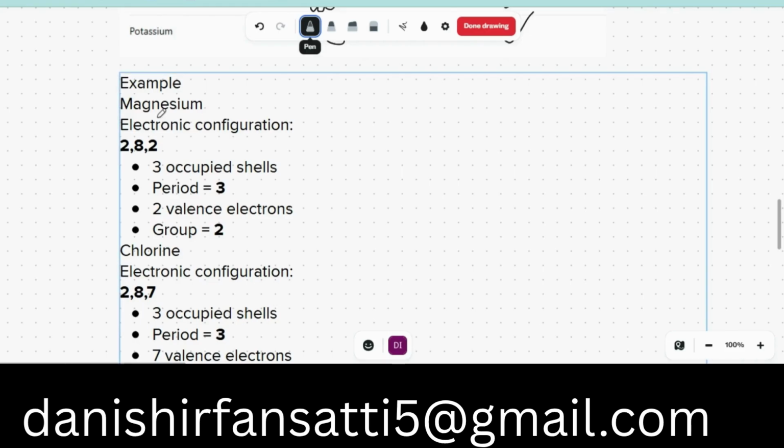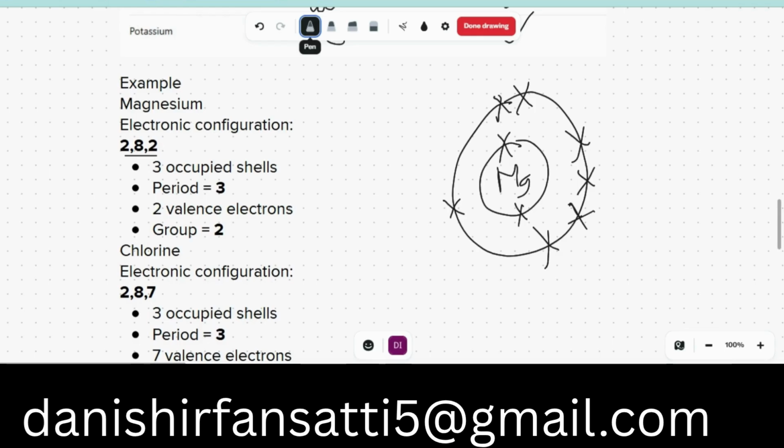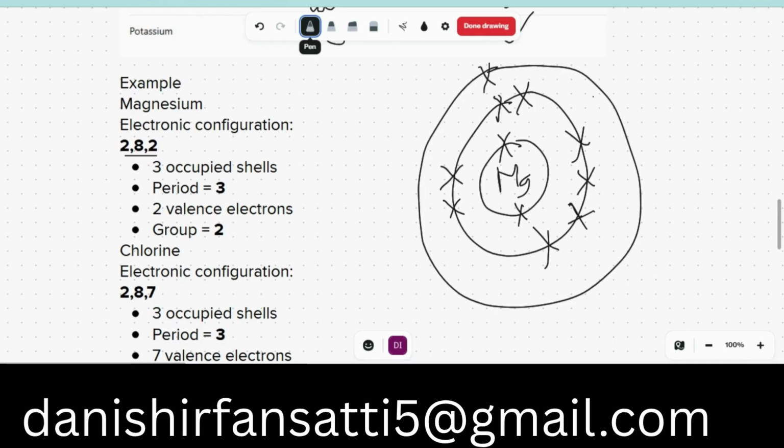So now we are going to talk about magnesium. Magnesium has the electronic configuration 2, 8, 2. So how many shells does it have? I will draw it here. Magnesium has 12 electrons. In the first shell we have 2, in the second shell it has 8, and in the last shell it has 2 electrons.